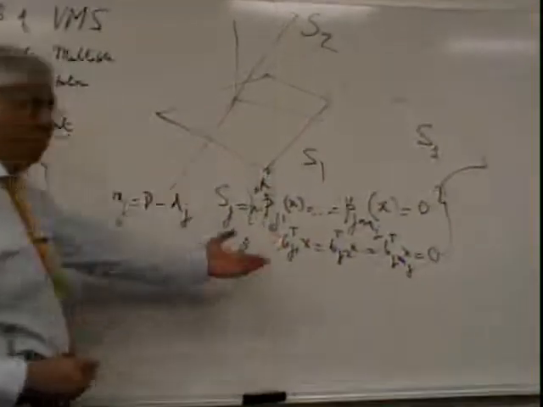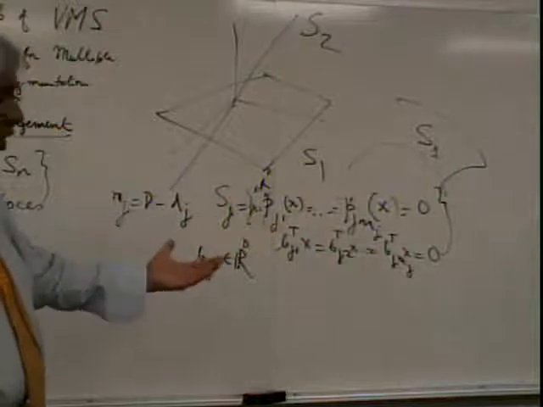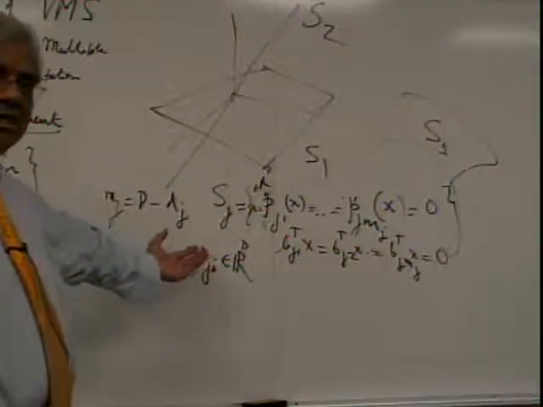These are the normal vectors associated with the subspace. The number of normals has the complementary dimension. That's how you parameterize it.